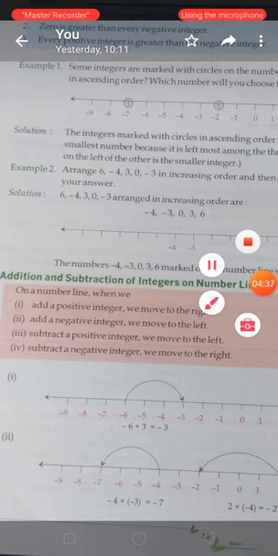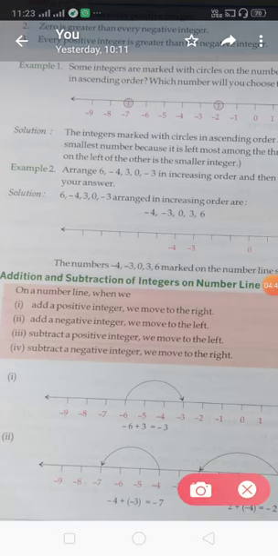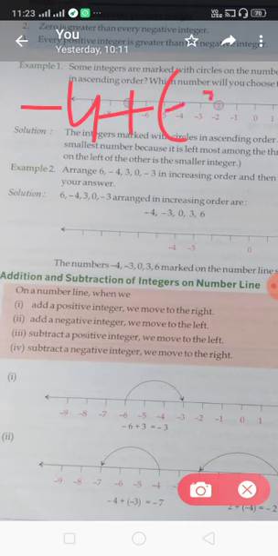Okay, now the next question: -4 plus -3. How do you solve this? See, -4 plus -3. This is how you can solve it.